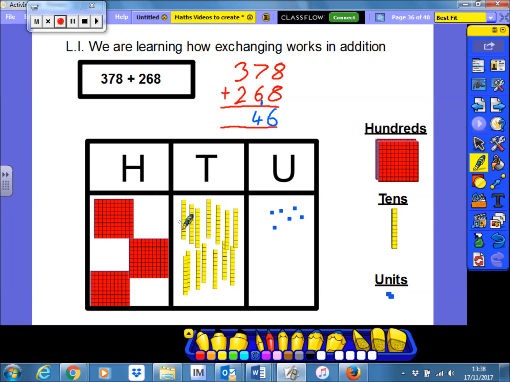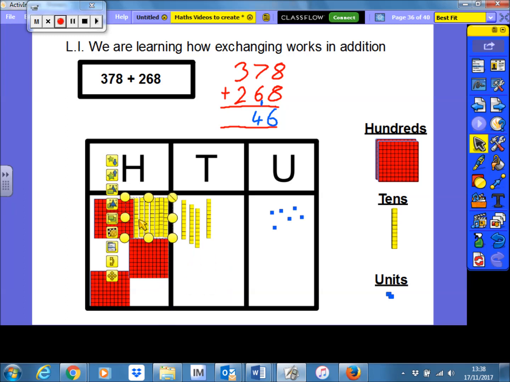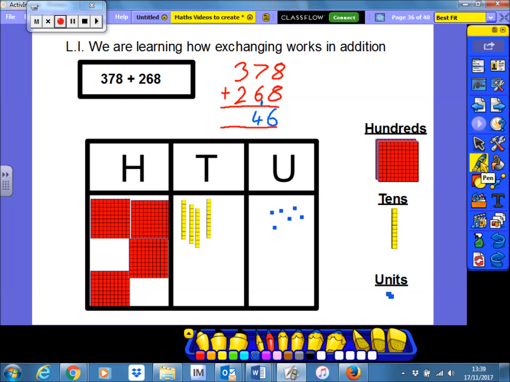the next column. So I'm going to take 10 of these and exchange them for a new 100. So I'll take these 10 tens here, and I'll move them up into the hundreds column and change them for an extra 100. Like so. So we now have an extra 100 waiting in the hundreds column.